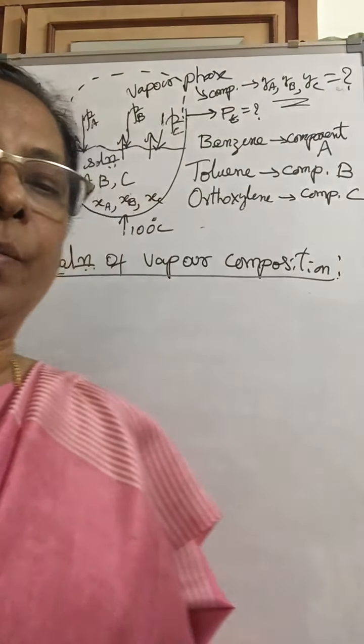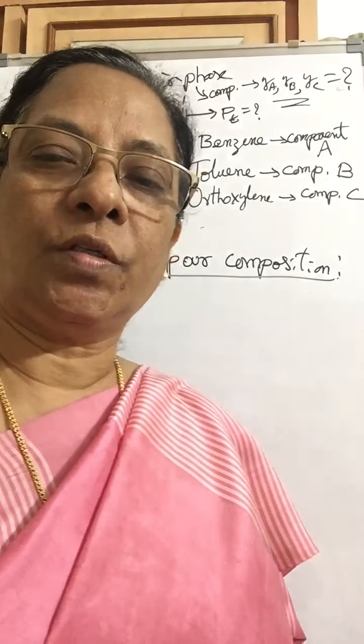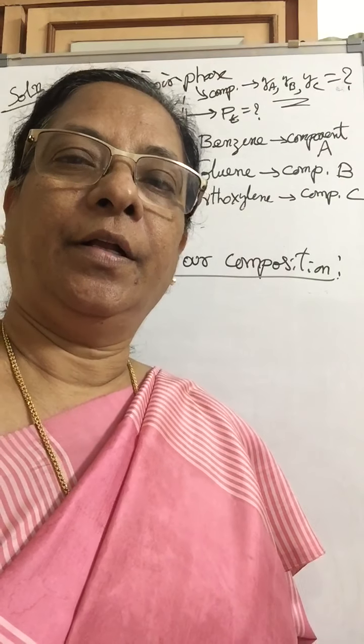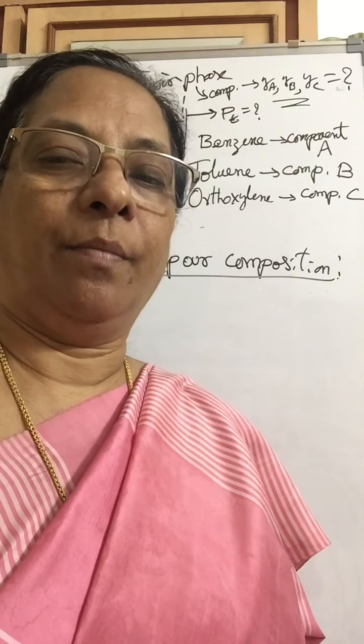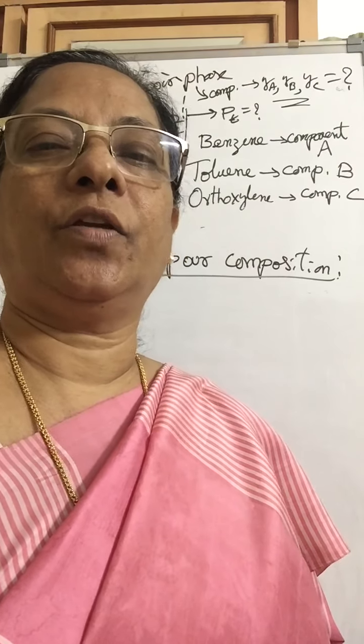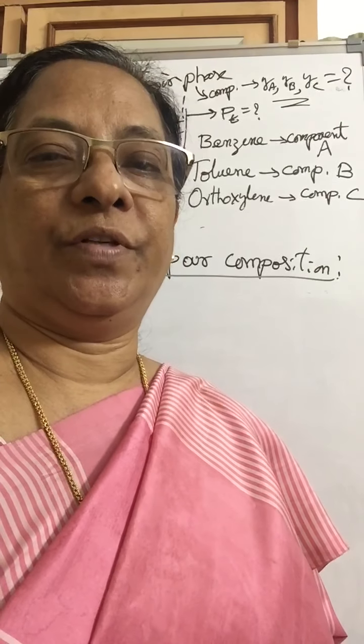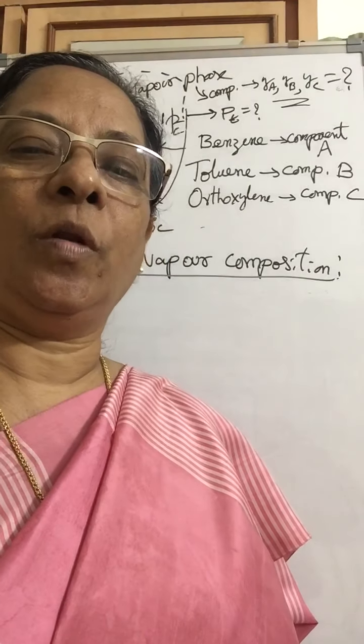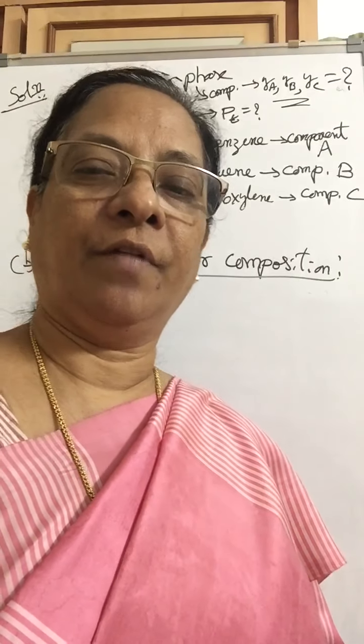To calculate vapor composition, we need to use both Dalton's law and Raoult's law. We have to combine them, and then we can easily calculate the vapor composition. Vapor composition means we will get it in mole percent, that is YA, YB, YC.